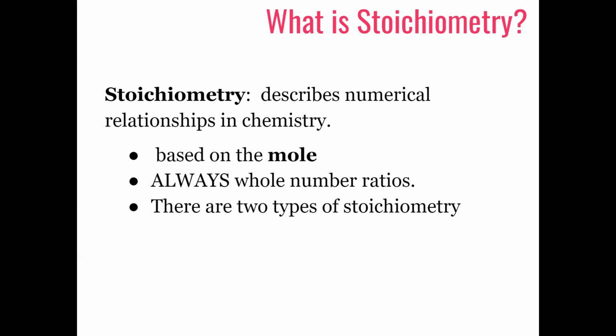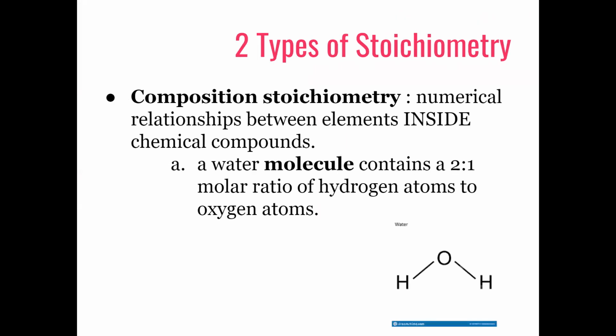But there are two main types of stoichiometry that we can use. The first one is called composition stoichiometry, and that is going to be the numerical relationship between elements inside chemical compounds. So we've talked about this a little bit peripherally, but basically what that means is, take a water molecule, for example.